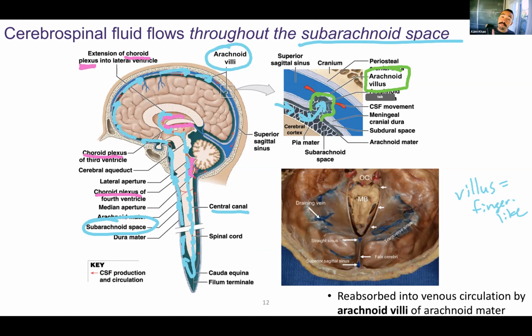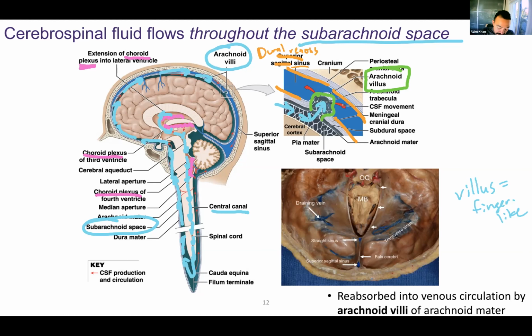And the arachnoid villus pokes past the arachnoid mater into the dural venous sinuses. So this space that I'm going to color in orange, this is a dural venous sinus. You have arachnoid villi poking into dural venous sinuses.